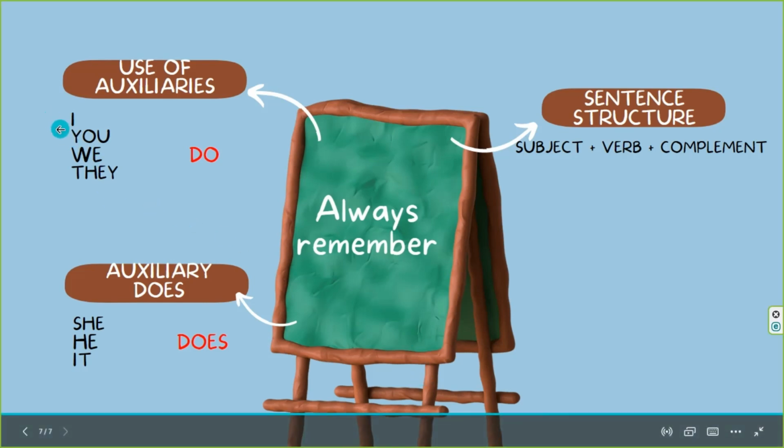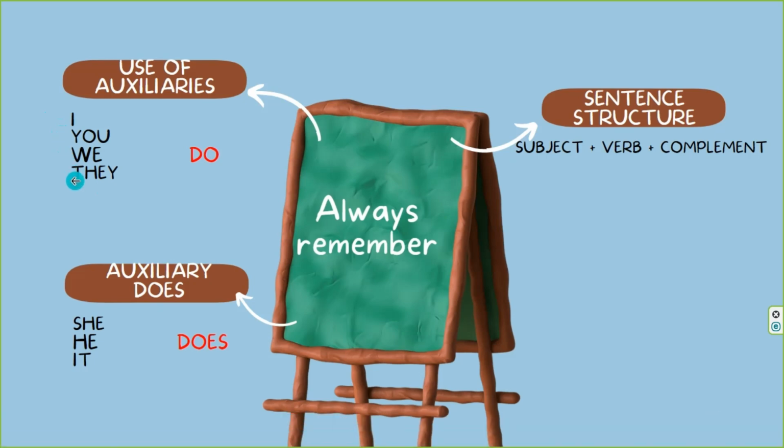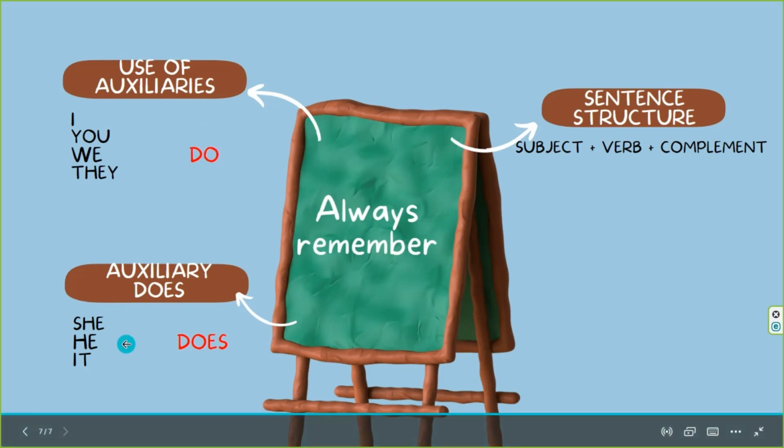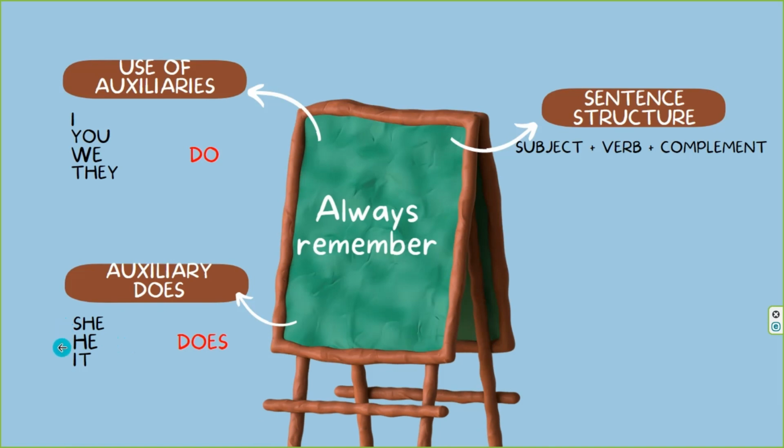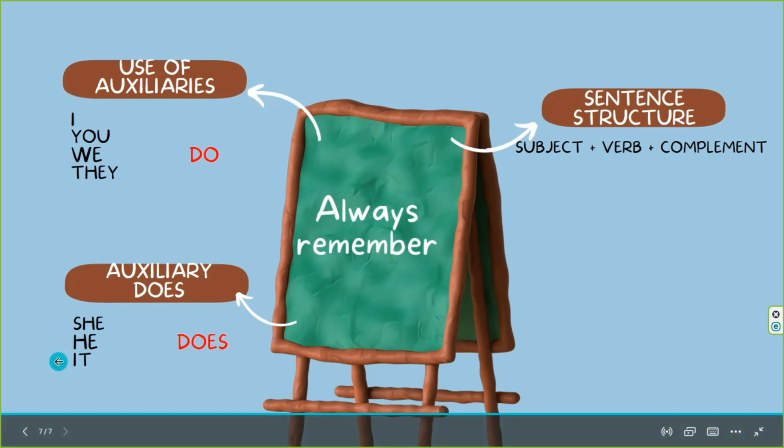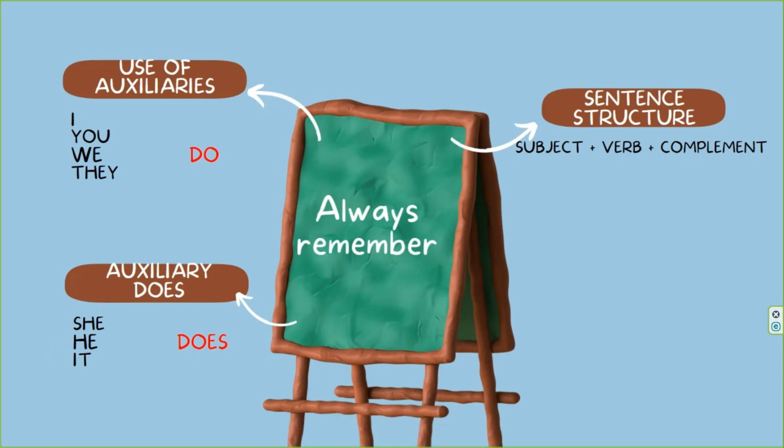The auxiliaries are: I, you, we, and they, these four personal pronouns use the auxiliary do. And these other three subjects, she, he, and it, use the auxiliary does.